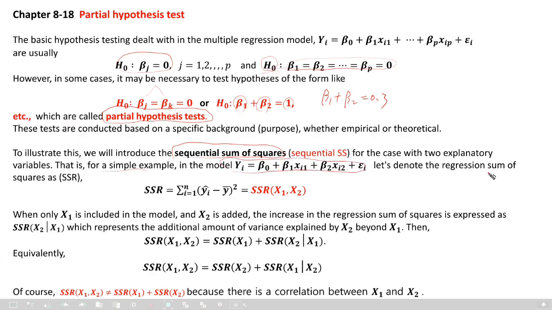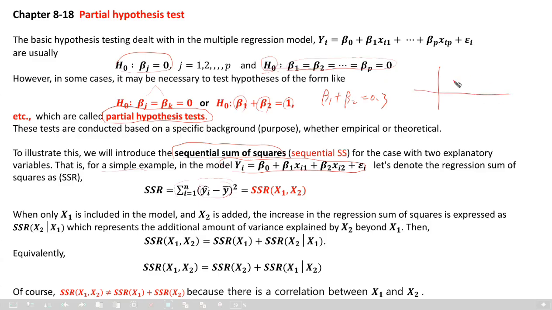Let's denote the regression sum of squares, SSR. You remember the regression sum of squares, SSR, is the sum of yi hat minus y bar, squared. What is this part? In a simple case, slope.